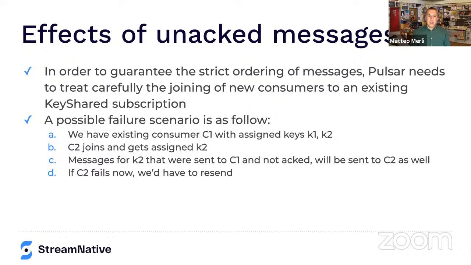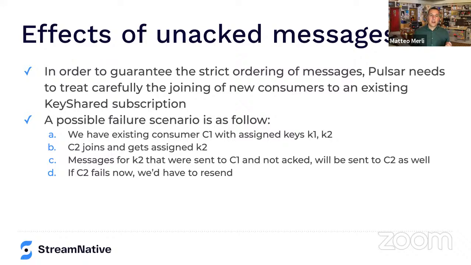One example to consider is that you might have consumers joining and leaving in different orders, in different fashions, and it can become very complicated. So you might have consumer C1 that gets assigned keys 1 and 2, and now consumer C2 joins and gets some of the keys.